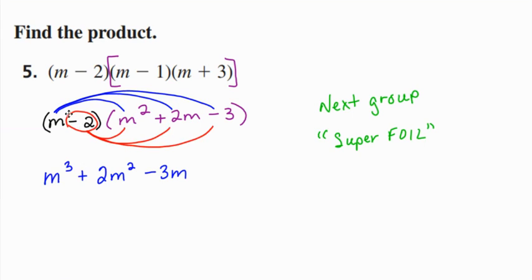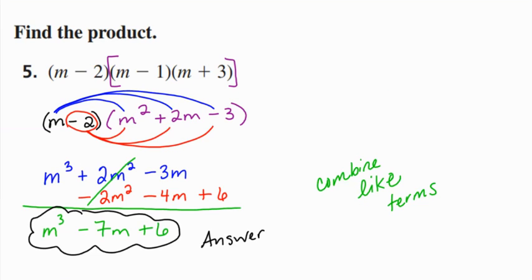And I'm going to take this negative 2, watch your signs in there, and multiply, multiply, multiply. And I'm going to stack my like terms and then get my final solution. Now, plus 2m squared and minus 2m squared, those cancel out, right? So really, I'm just looking at m cubed, minus 3m and minus 4m to get minus 7m, and then plus 6.